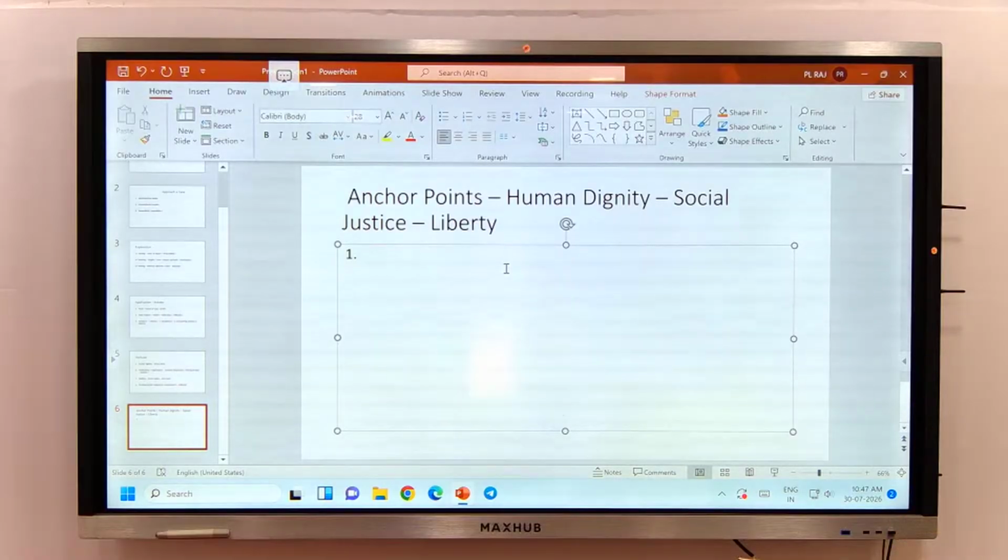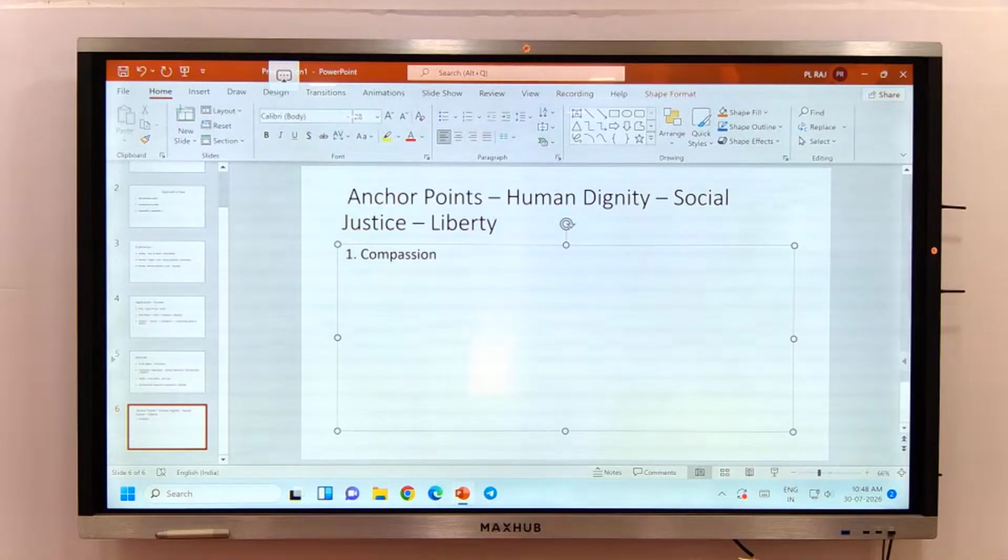The anchor points of certain values, the values of compassion.